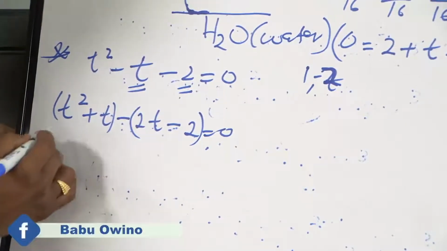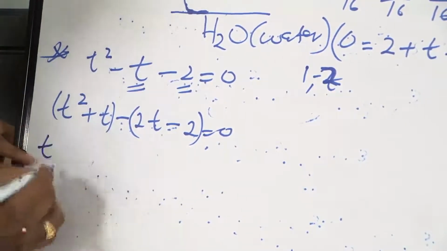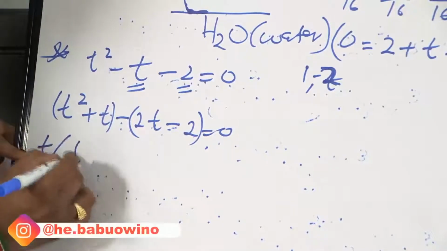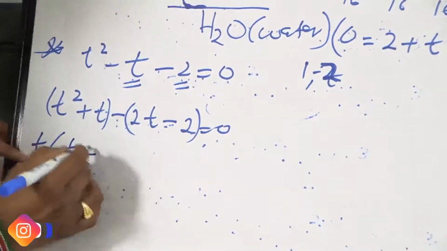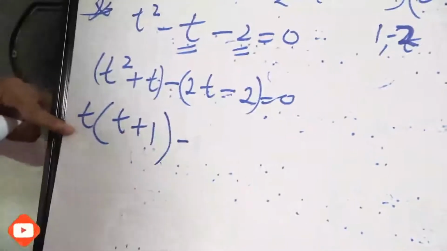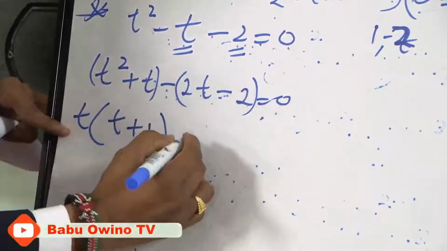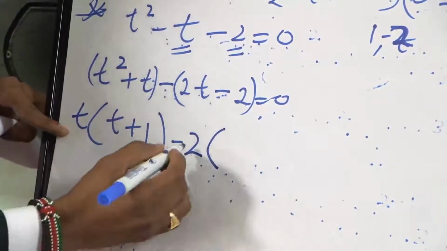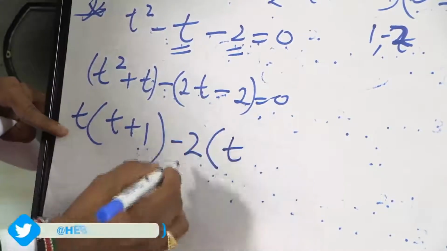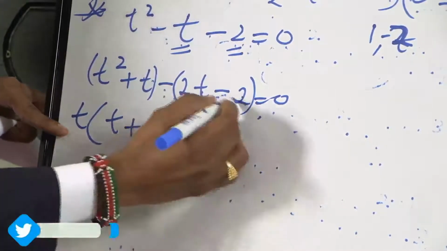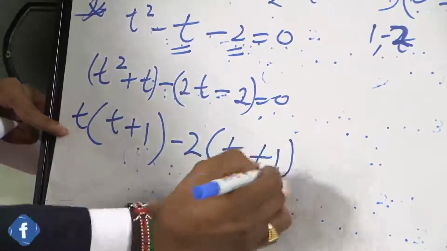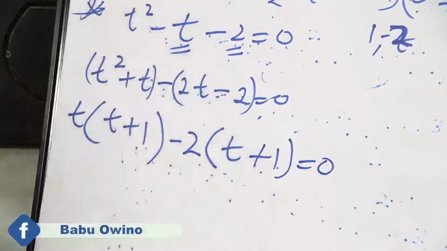We factor t out because t is common in the first part. Therefore, t times t gives t squared, t times 1 gives plus t. Then minus, the common factor here is 2: 2 times t is 2t, and 2 times 1 is 2, equals 0.